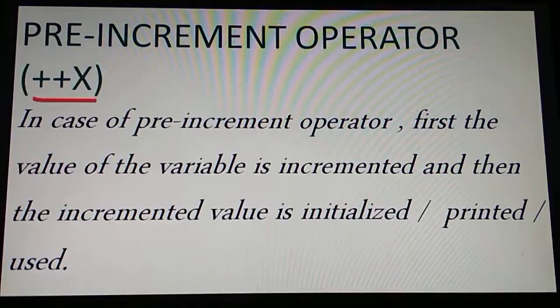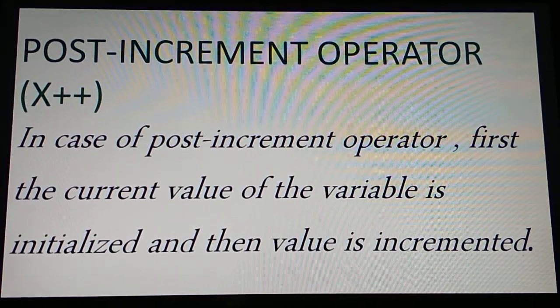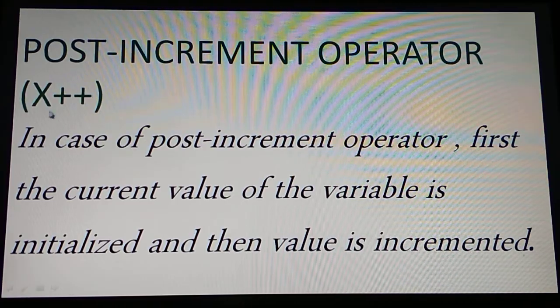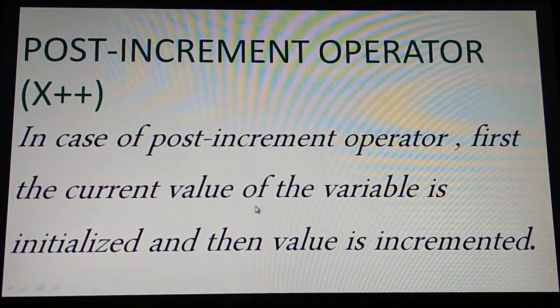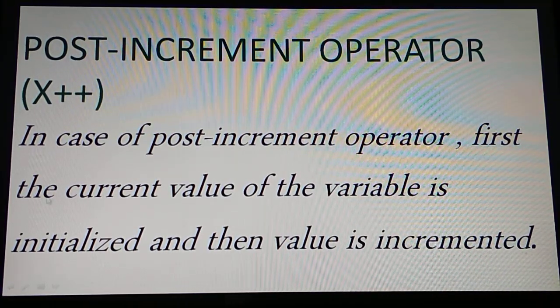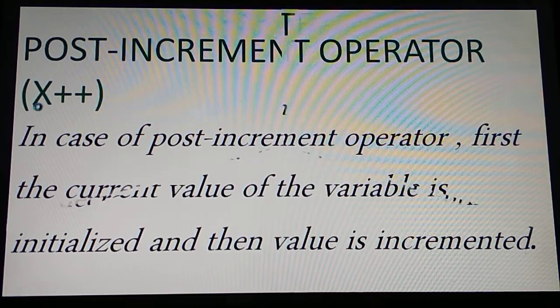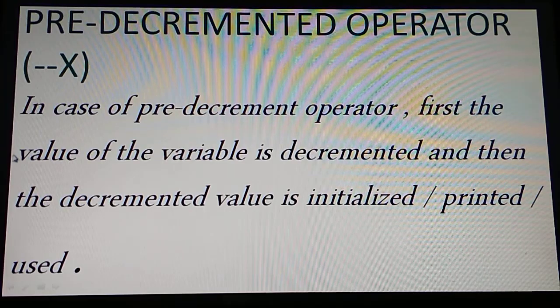This was the pre-increment operator and this is the post-increment operator, which I have told you, x plus plus. In case of the post-increment operator, first the current value of the variable is used and then the value is incremented. Here x can be any variable. Now the pre-decrement operator, minus minus x.